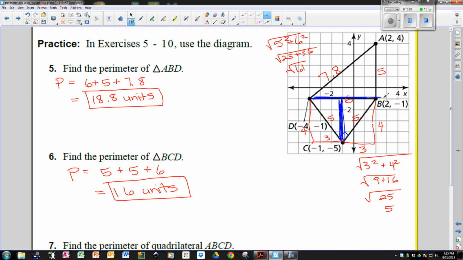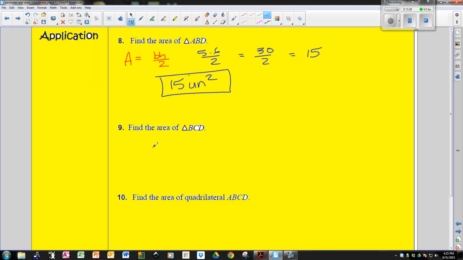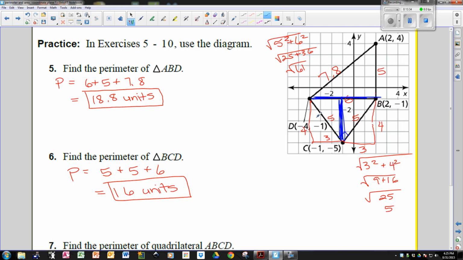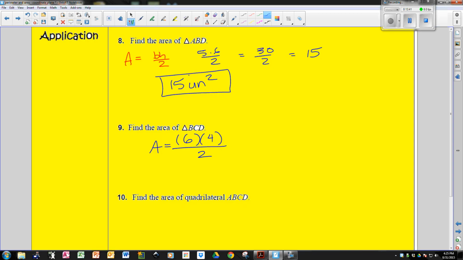So I know the base is 6. So area is base 6 times the height. So now let's look at the height. The height is 1, 2, 3, 4. Okay, so the height is 4. So that would be 24 over 2, which is 12 units squared.